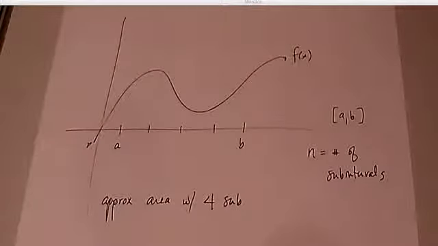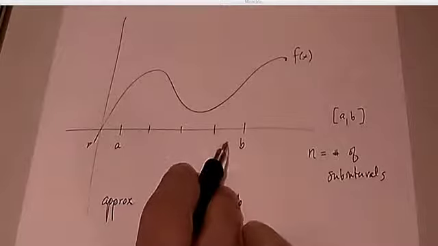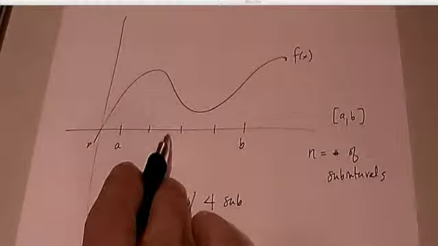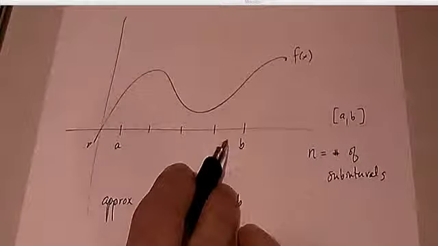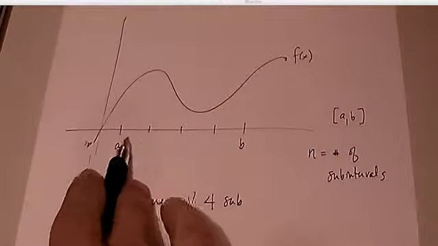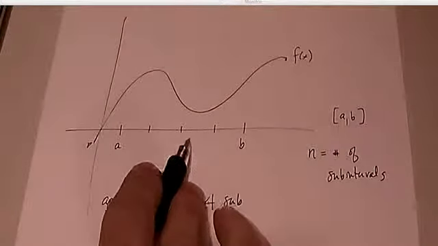Now if I'm dealing with something like this, I know that the next question is, well, how am I going to gauge the height? Obviously, if I'm dealing with subintervals of uniform width, which for the time being we're going to deal with, that is the width of each of the rectangles.